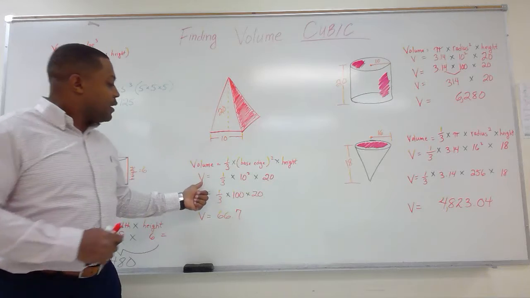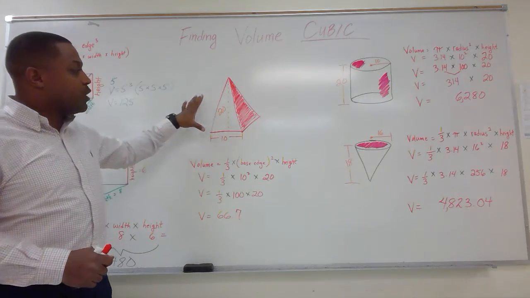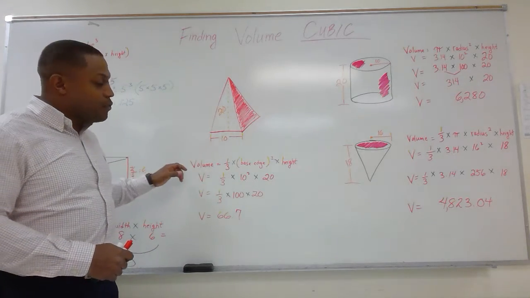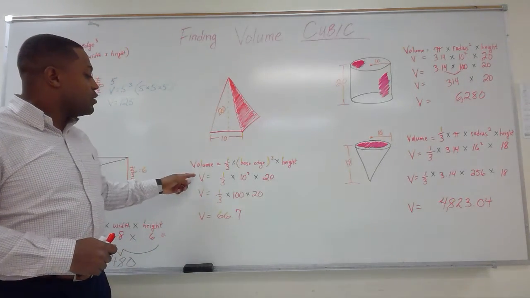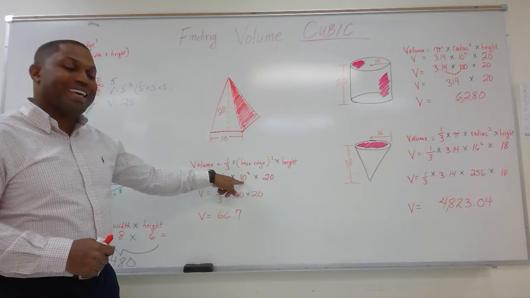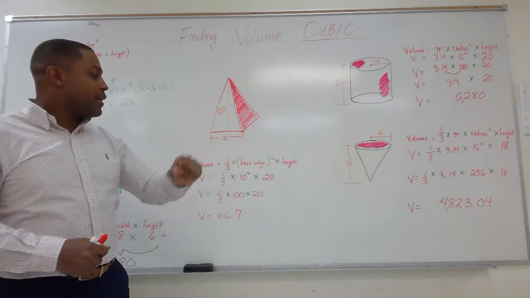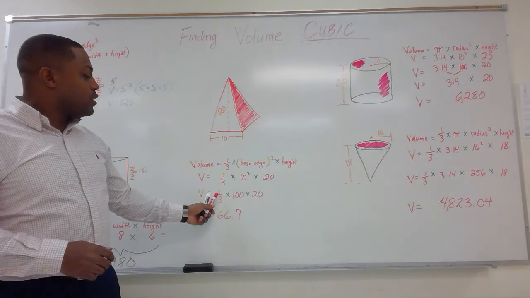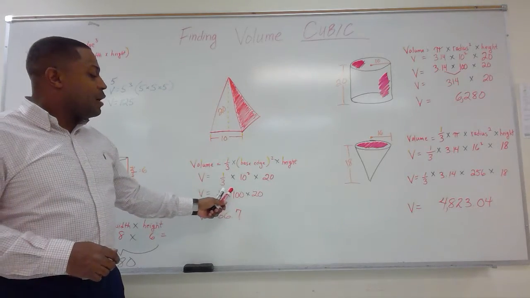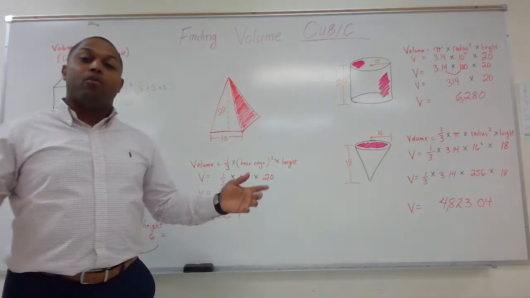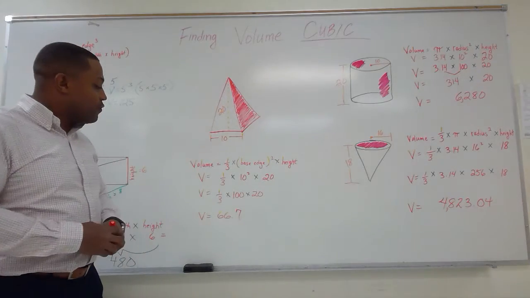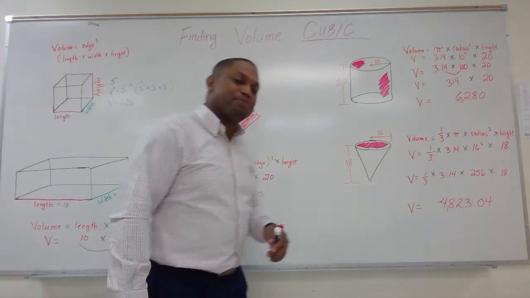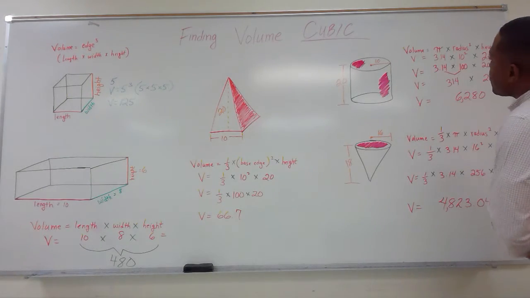So we're simply going to take the numbers that we've been provided with and throw them into the formula. Volume equals 1/3 times 10 to the second power times 20. That leads us to volume equals 1/3 times 100 times 20. When we work that out, we find that volume equals 66.7.